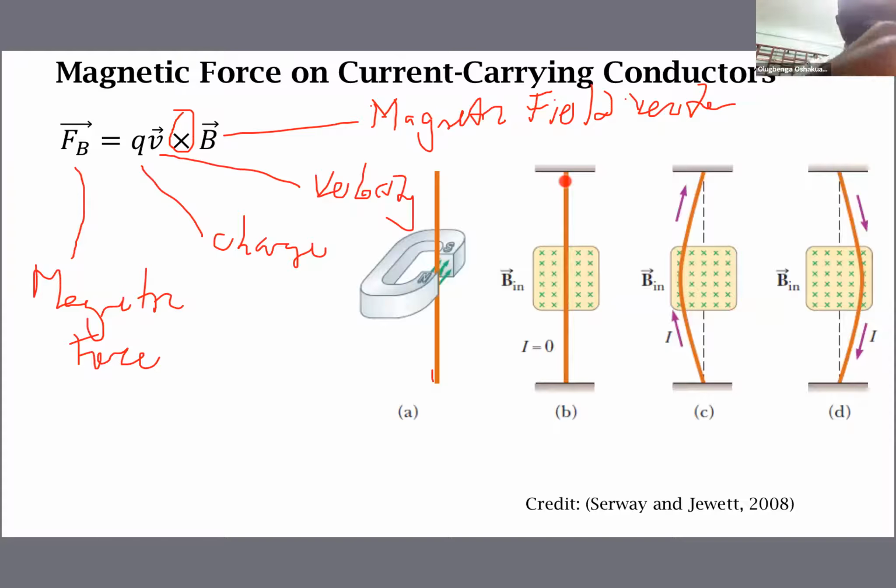Let me go over that again. This is a current carrying conductor, and this is a magnetic field region. In short, imagine an external magnetic field, B in, beaming into your screen.